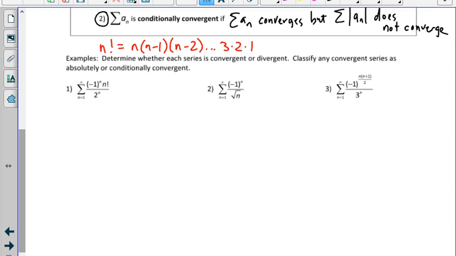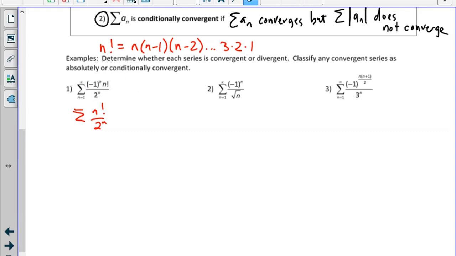So if we take a look at this, the first thing we are going to want to do is look at the absolute value of this. That would be n factorial over 2 to the n. Because if I take the absolute value, basically all that's going to do is turn the -1 alternating into constantly being positive.